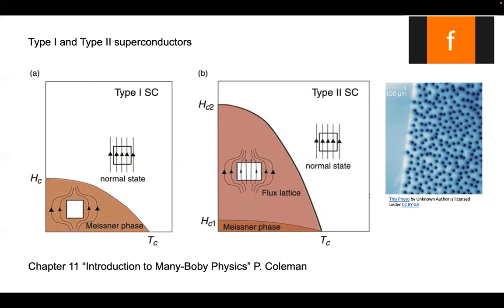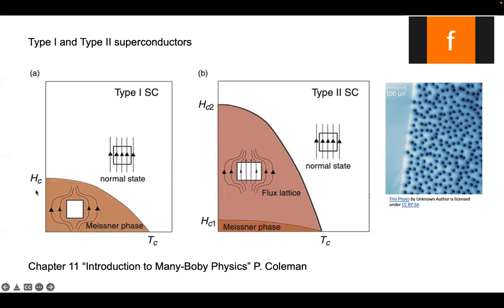There are two types of superconductors: type 1 and type 2 superconductors. When you study the thermodynamic properties of a superconductor, you can draw these phase diagrams. Here on the left panel, we have a type 1 superconductor phase diagram.